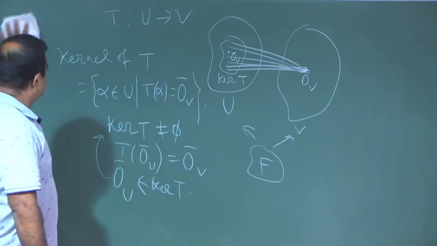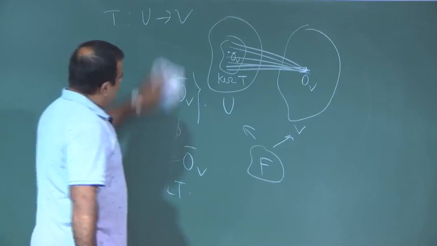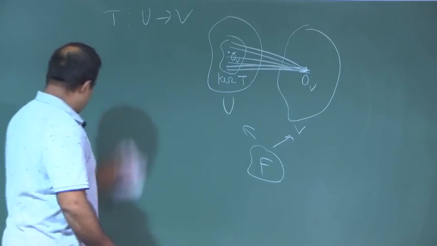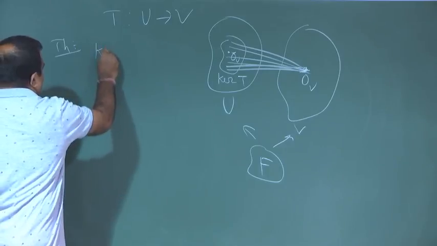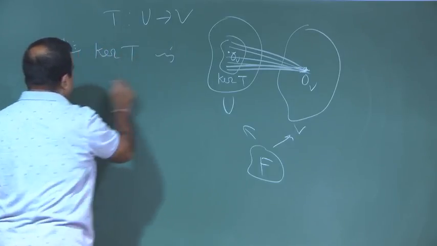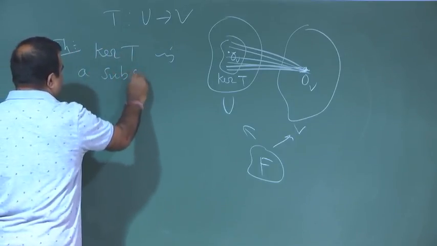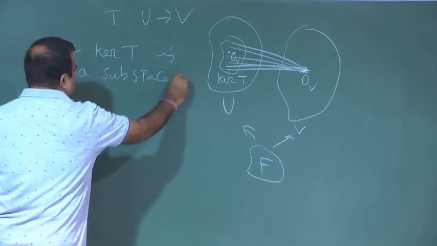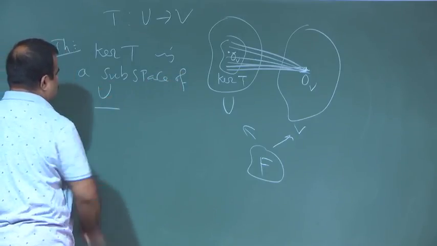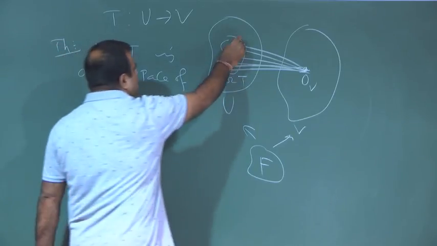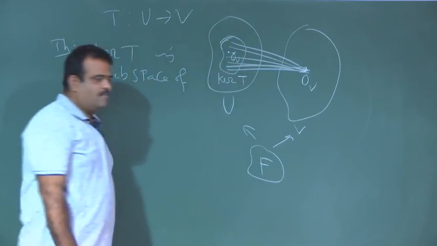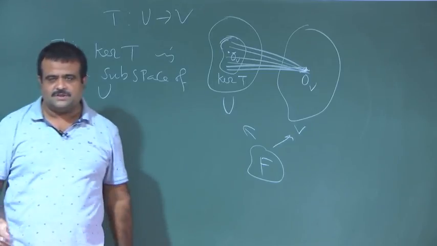Now, we will see this kernel is a subspace of this vector space. So, how to prove that? This is again by the theorem: the kernel of T is a subspace of U. This subset is from a vector space over the same field.